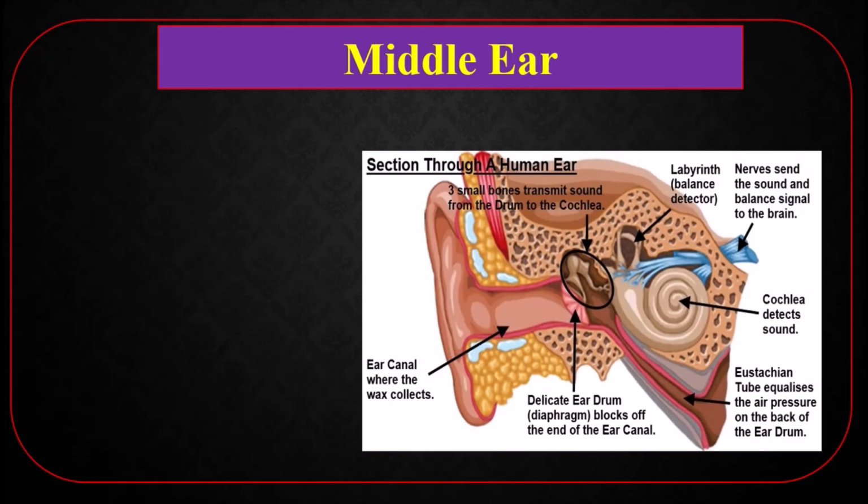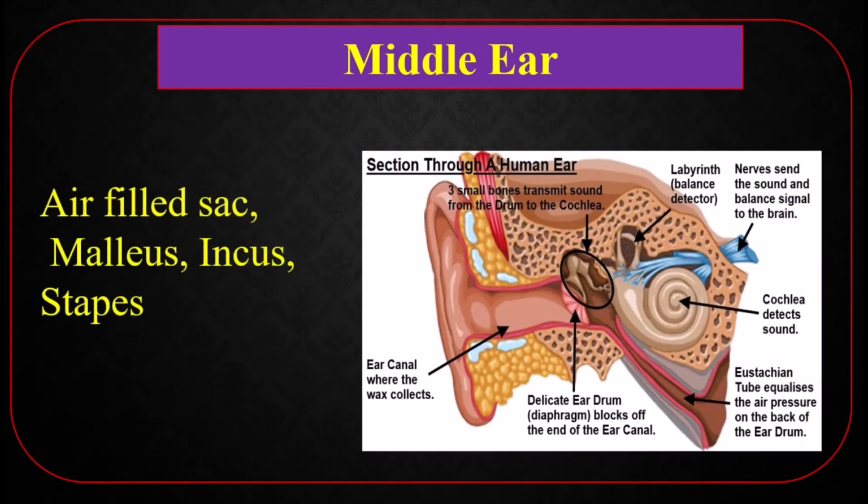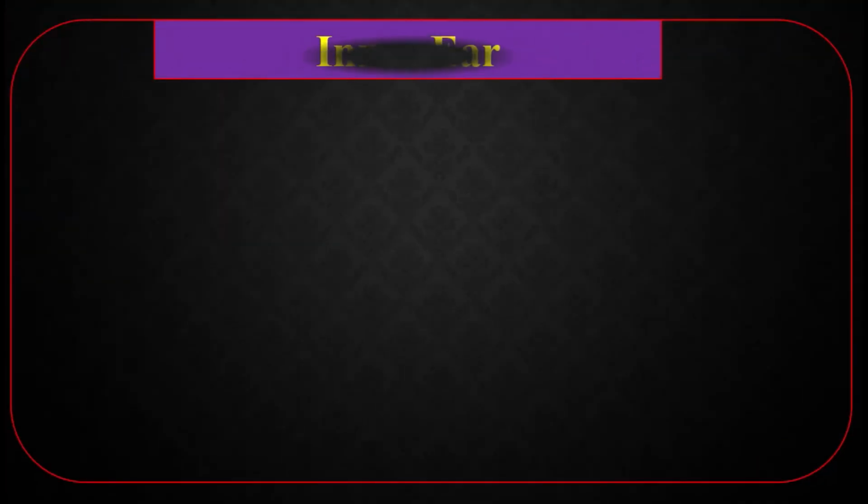Middle ear. This is the air-filled sac which consists of three bones. Number 1 malleus, number 2 incus, number 3 stapes, and stapes is the smallest bone of our body. Inner ear.